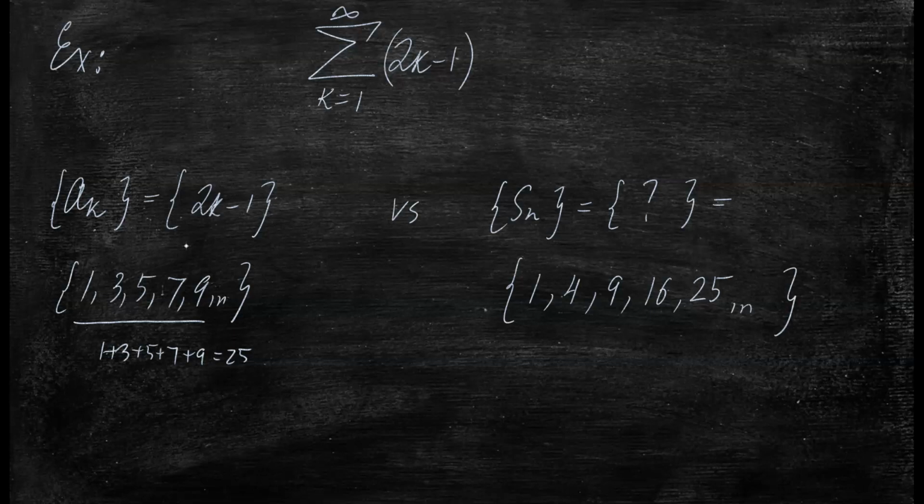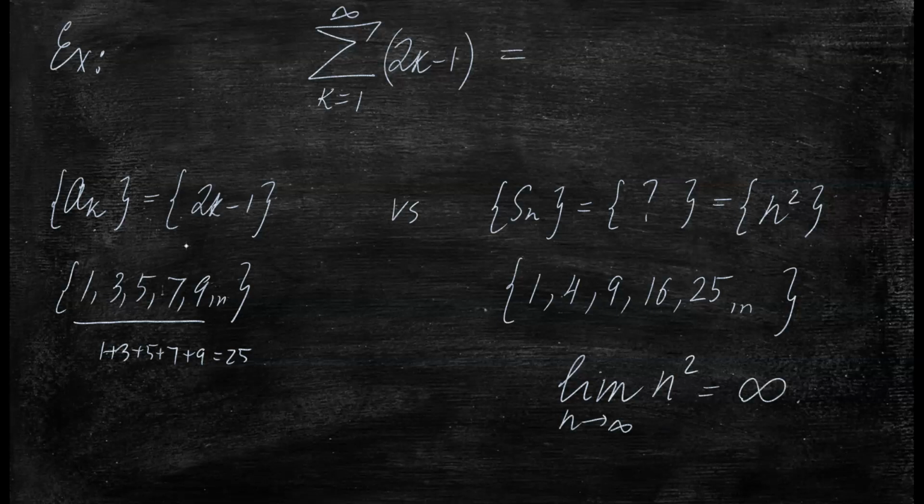Now, we didn't know what it was originally, but now we can speculate that the partial sum is actually n squared. And what do we know about the sequence of partial sums? We are pretty sure that the limit of that is infinity.